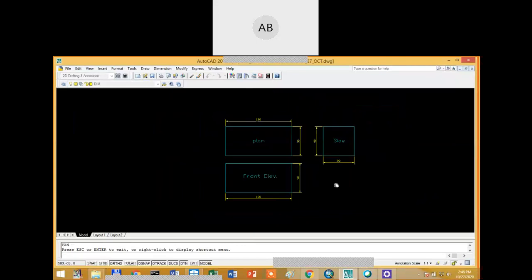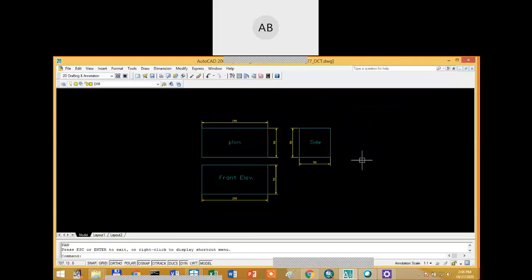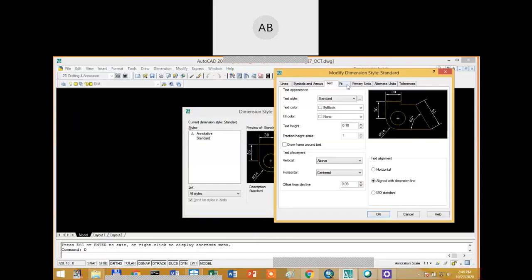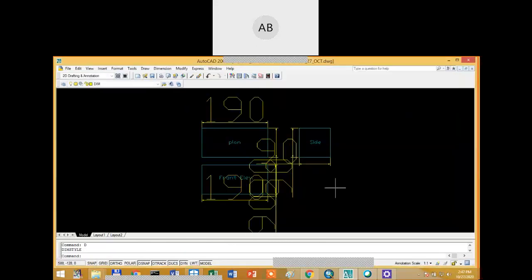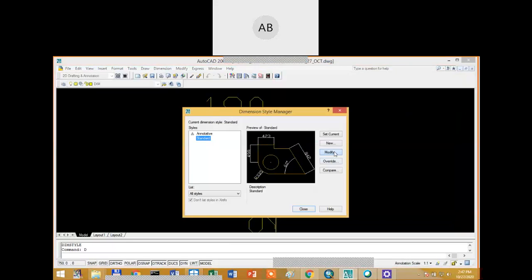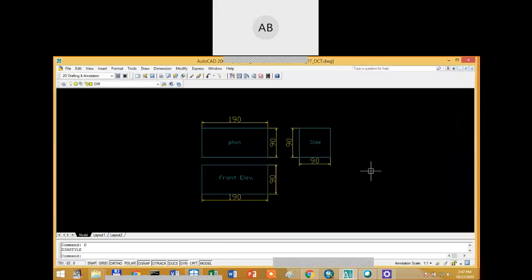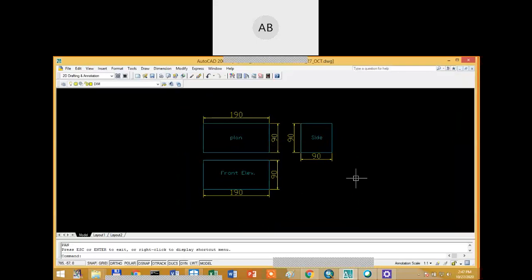Text height, maybe 5. Okay. So can you see now? Is it?